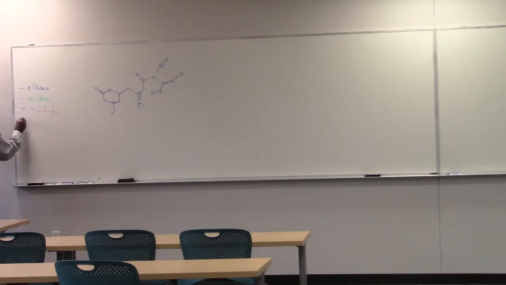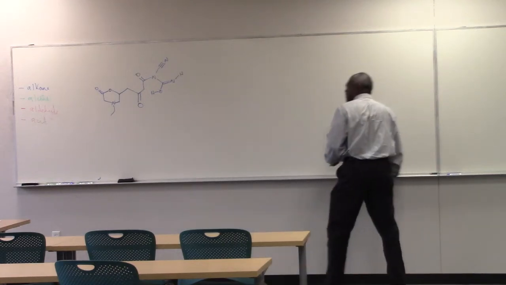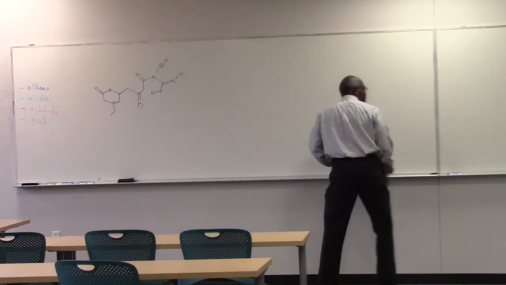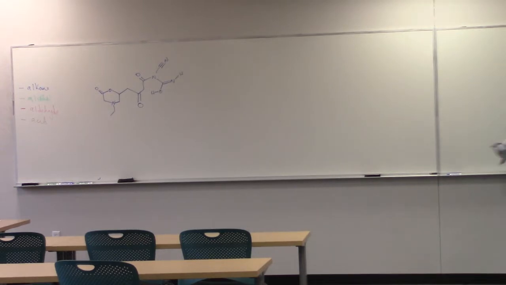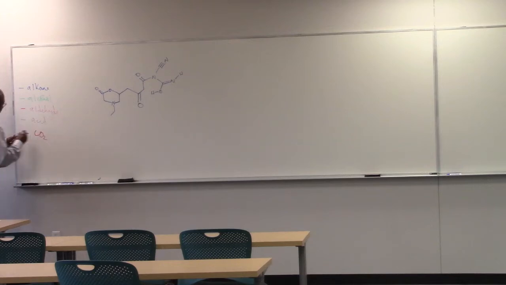Let's say brown is acid level, and then red is carbon dioxide. Okay? So these are the levels.